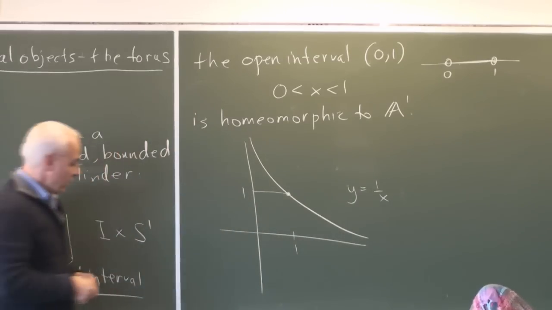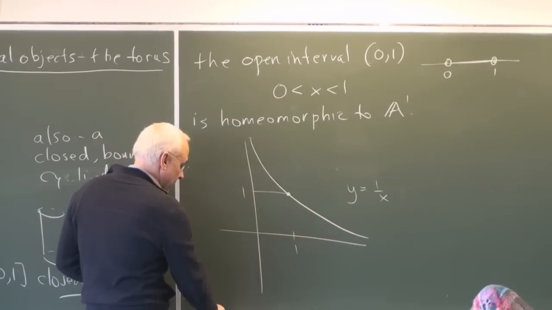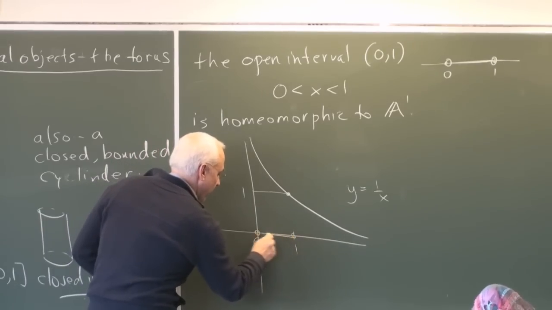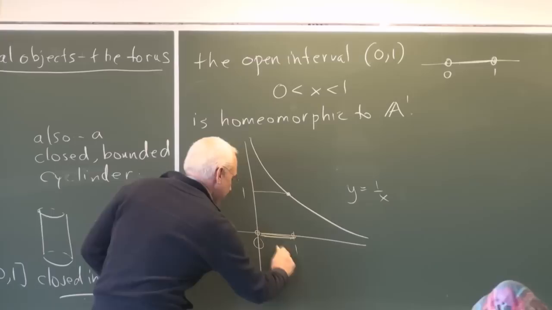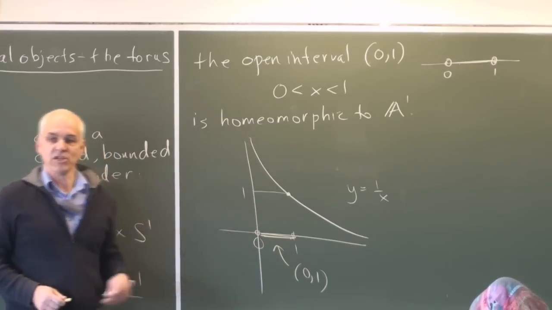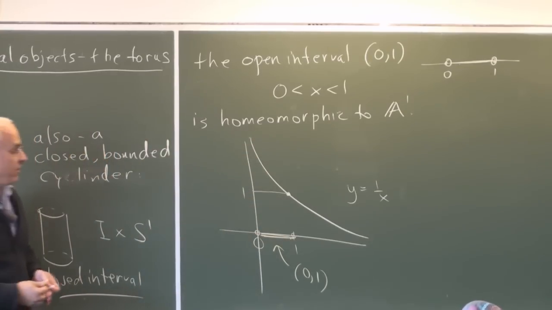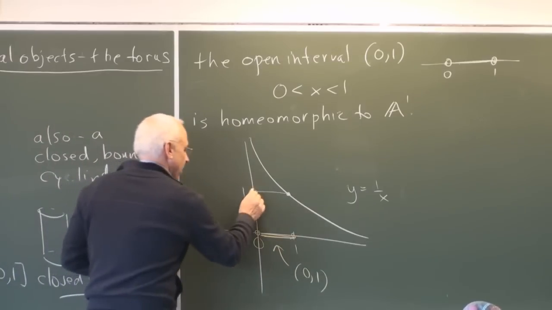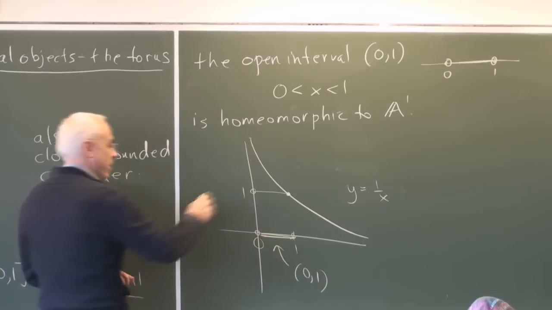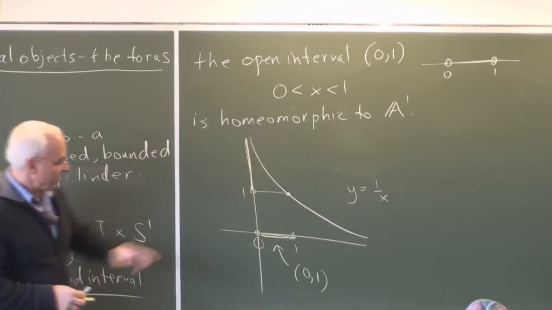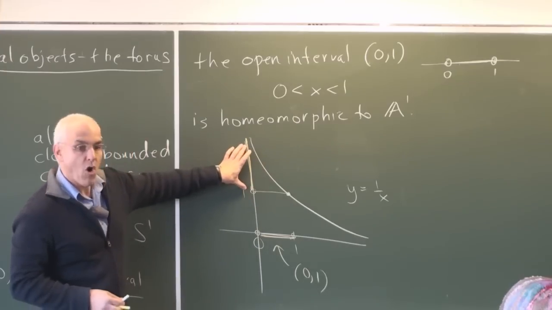And if we then look at what happens to the open interval between 0 and 1, that's our open interval 0, 1. Then under this transformation, it's mapped to this open half line. So 1 doesn't quite get included, but everything above it does. And so we've mapped the open interval to this open half line.